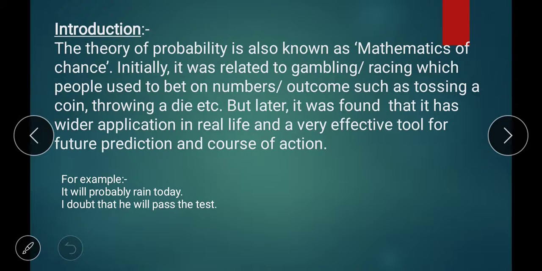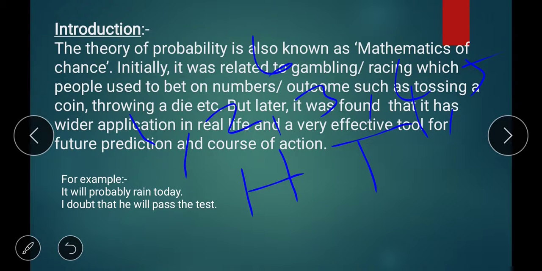Okay, students. If we toss a coin, we either get head or tail. Similarly, if we throw a die, we get either 1, 2, 3, 4, 5, 6. Now you just take a coin.